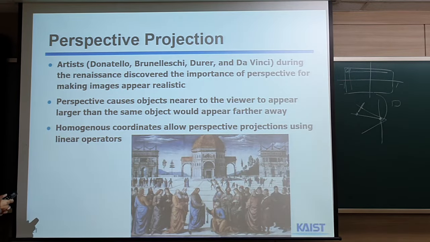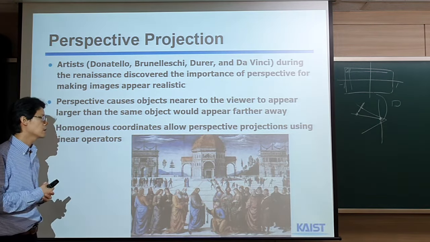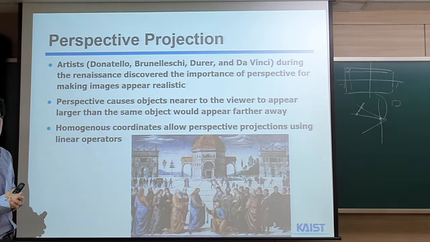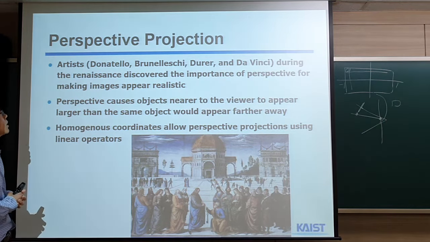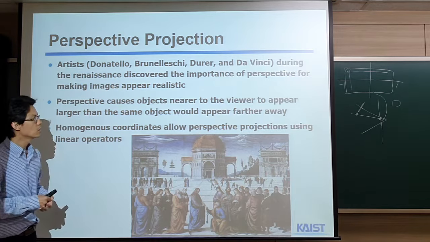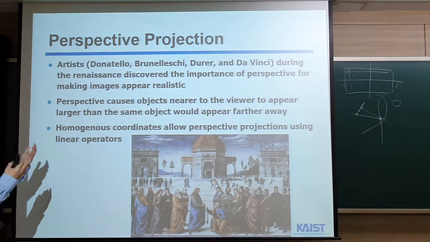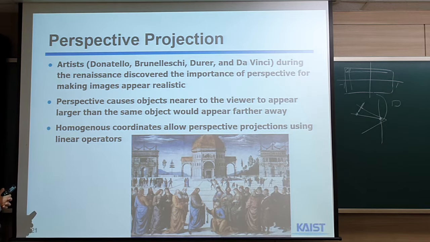Now let's talk about perspective projection. Right now perspective projection is very common, but this concept wasn't that intuitive a long time ago. In history, perspective projection appeared reasonably recently.